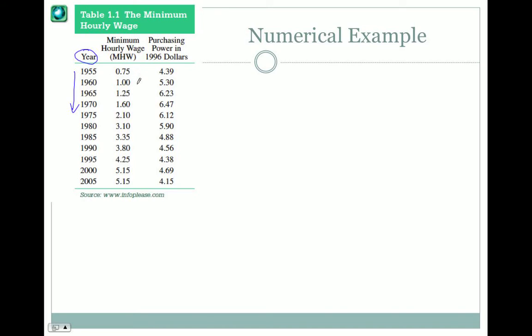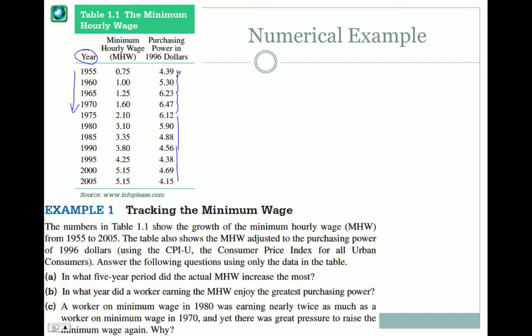Our minimum wage is rising, and our purchasing power starts to rise, it's going up, and then it starts to go down, then goes up a little again and goes down. So it's not exactly linear.